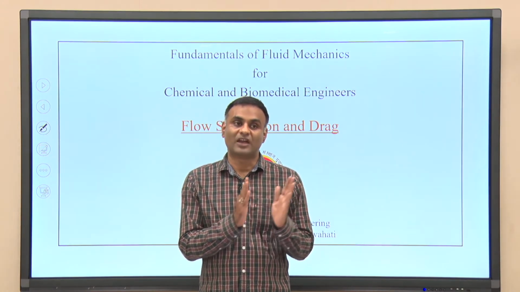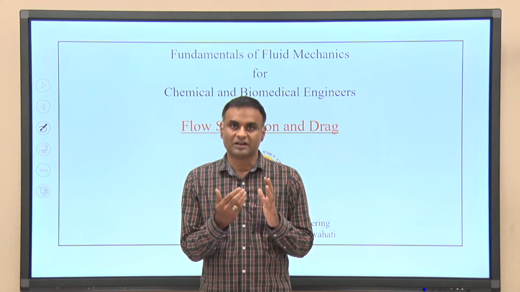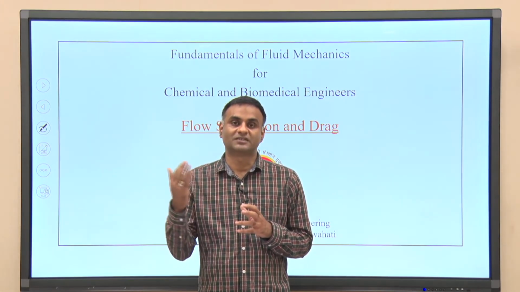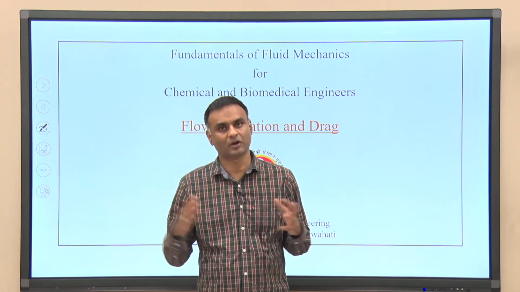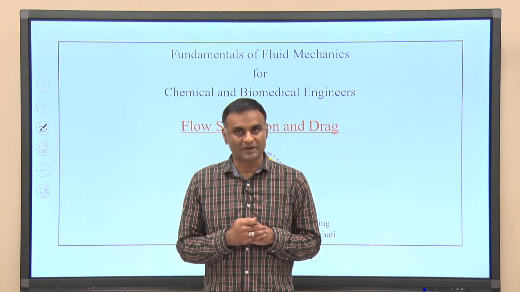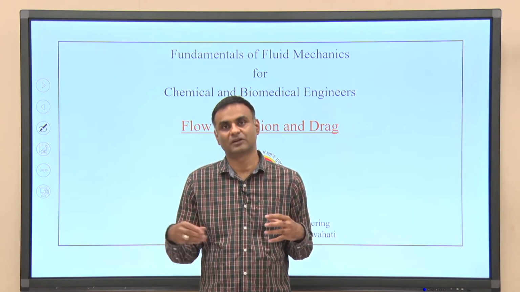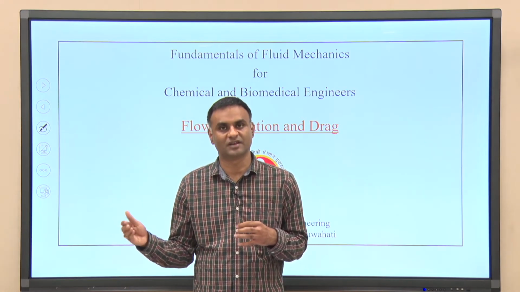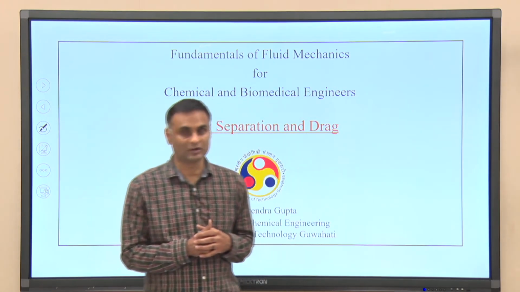When the gradient is adverse, that means when dP by dx is positive, we will see that the flow can separate from the boundary, and we have been talking about flow separation all along this course in different contexts. So, we will look at flow separation a bit more in detail, and then we will talk about drag and lift and how we can calculate the drag, and finally, we will look at the flow behavior over a sphere and the standard drag curve for a sphere at different Reynolds numbers.